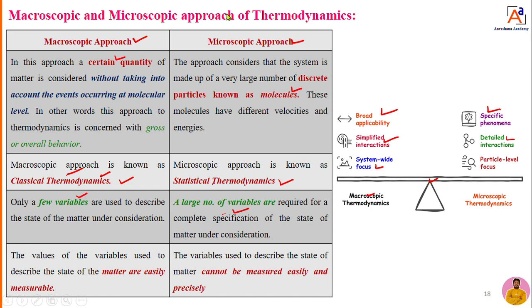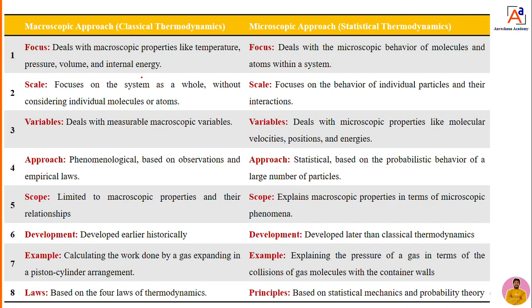Okay, fine. Now here are some important differences between macroscopic and microscopic approach. The macroscopic approach deals with macroscopic properties like temperature, pressure, volume and internal energy. But microscopic deals with the microscopic behavior of the molecules.